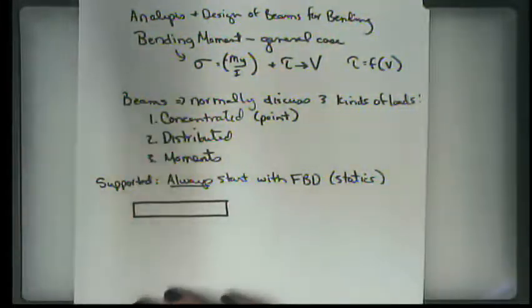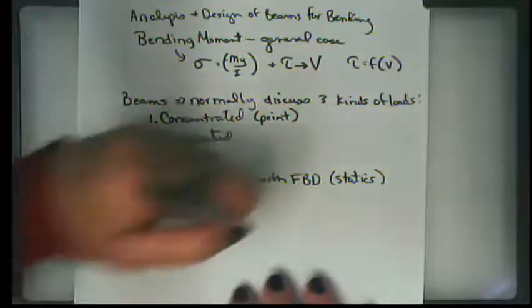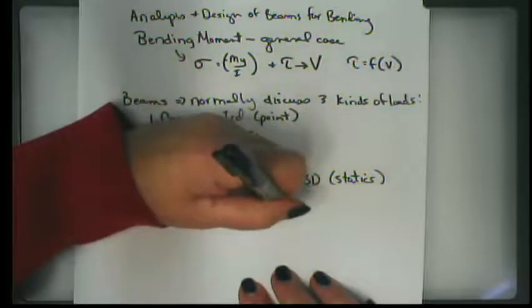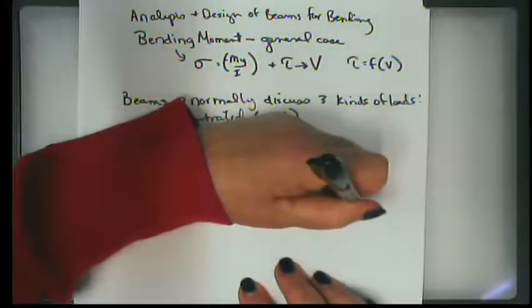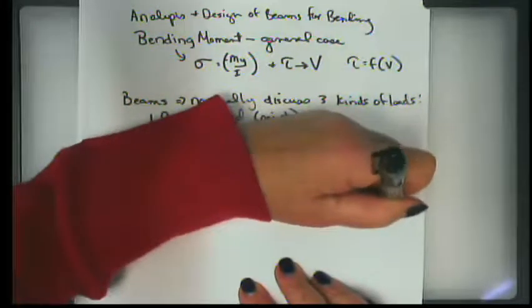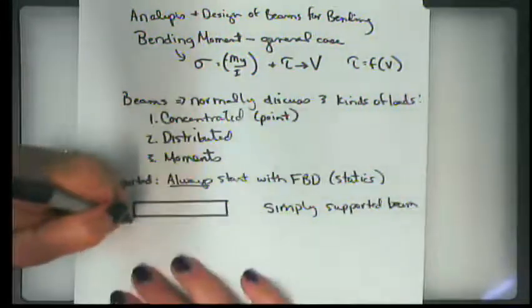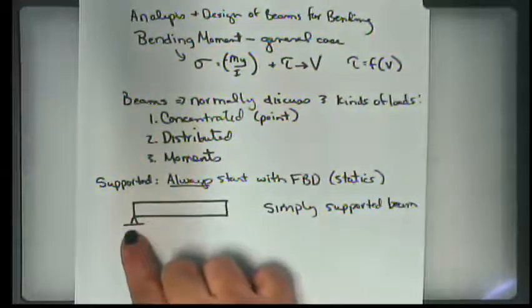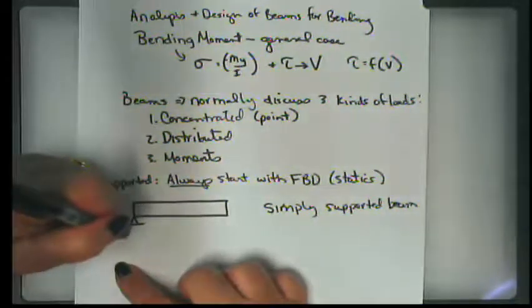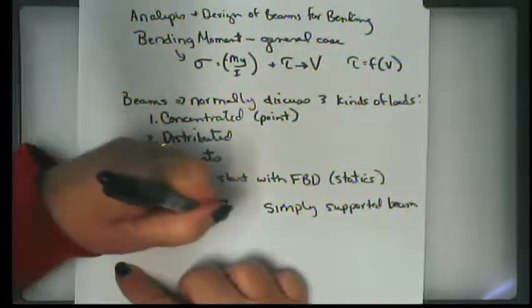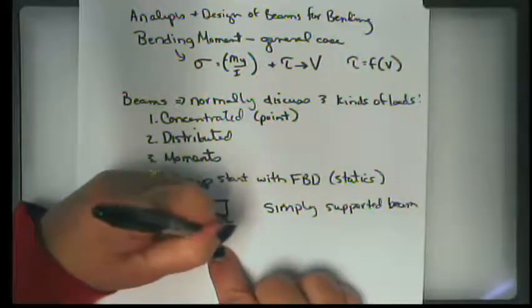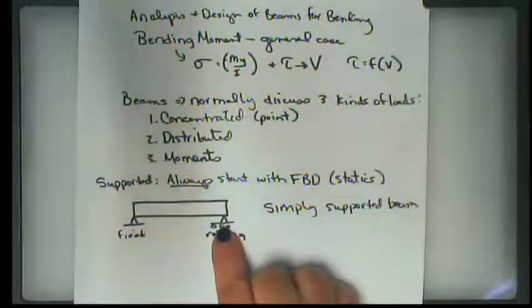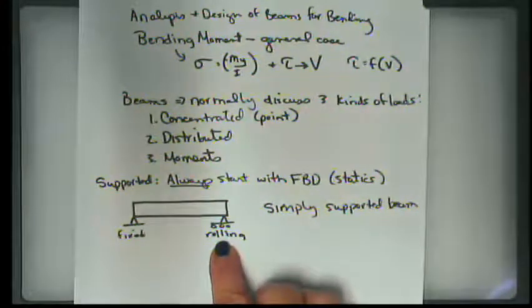Now, one type of beam that we have talked about quite a bit is called a simply supported beam. And a simply supported beam has a fixed support at one end and a rolling support to allow for expansion and contraction on the other end.